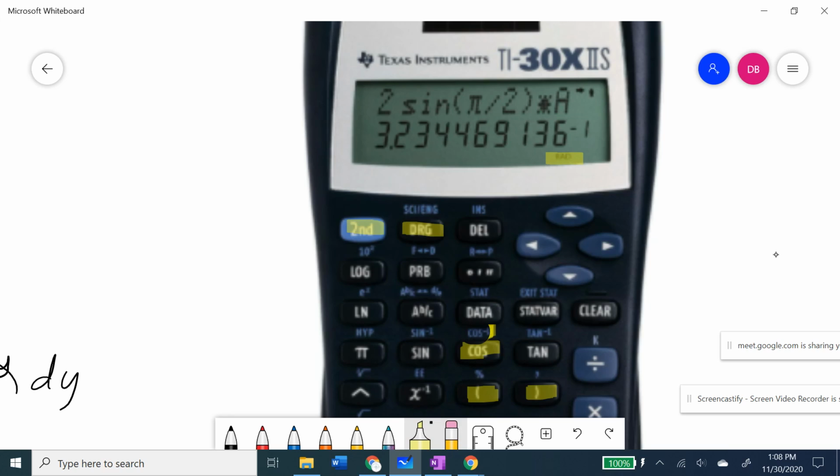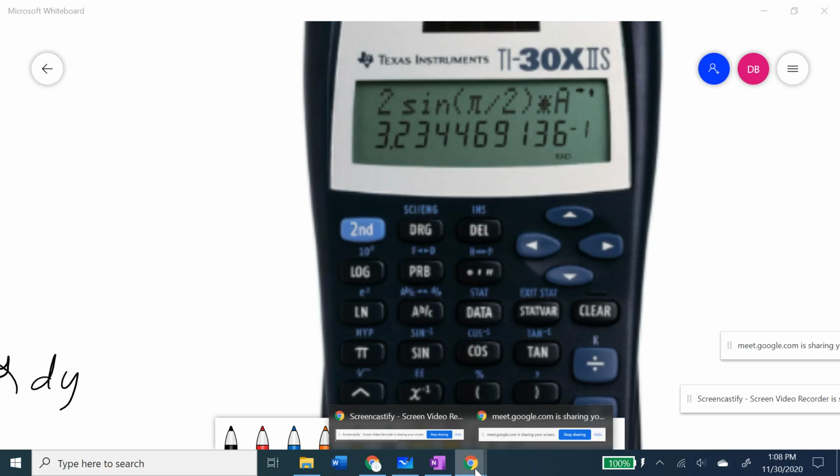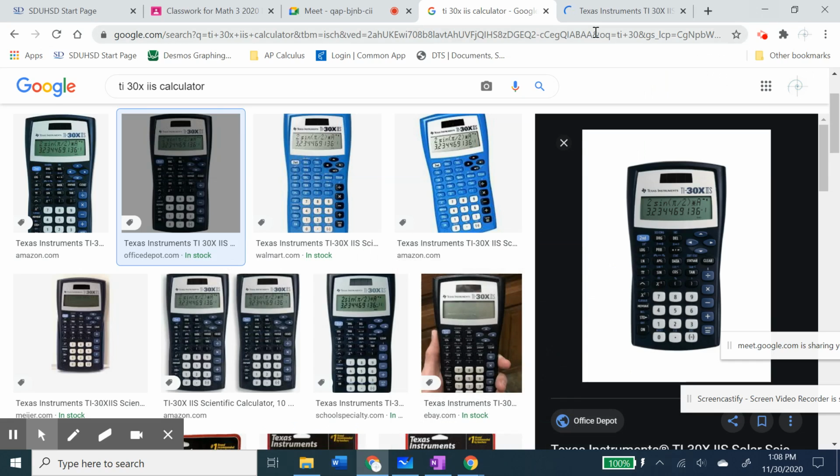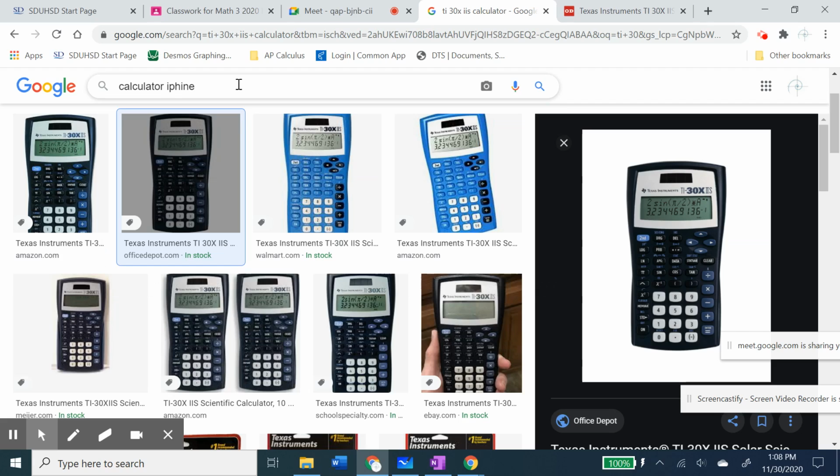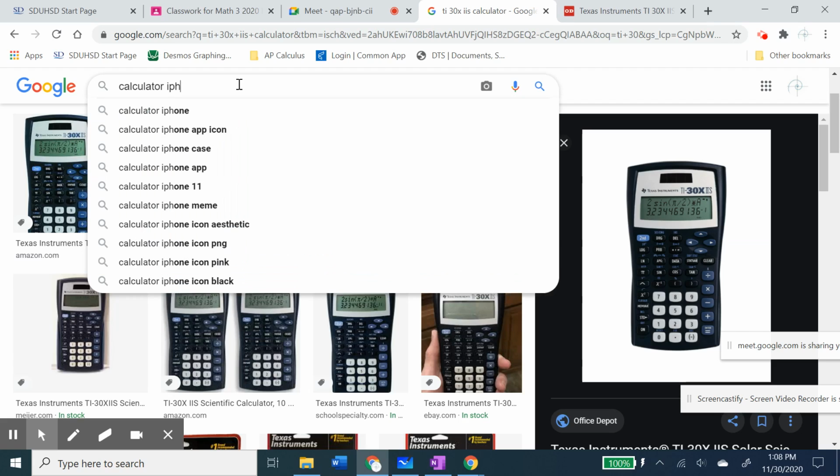Okay, does anyone else have a specific calculator that you're completely confused on how to use? iPhone? Okay, let's see, what is an iPhone calculator? Okay, put that down and then, can I not type? No, I can't.